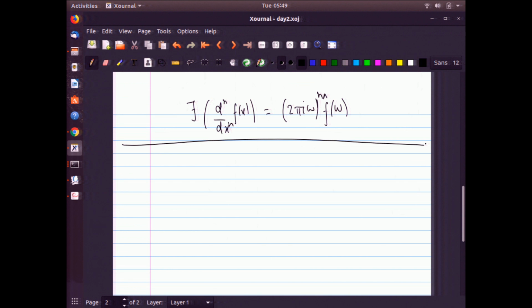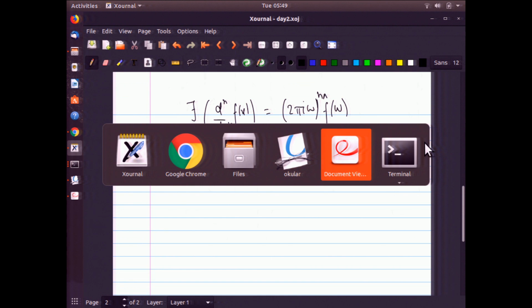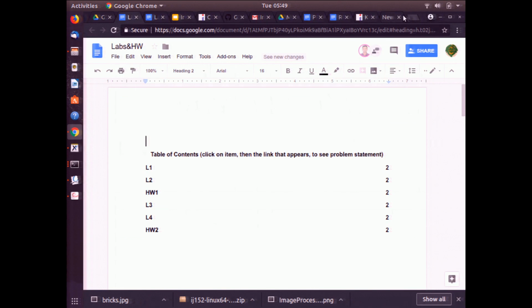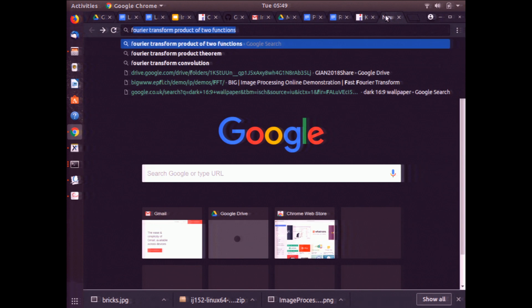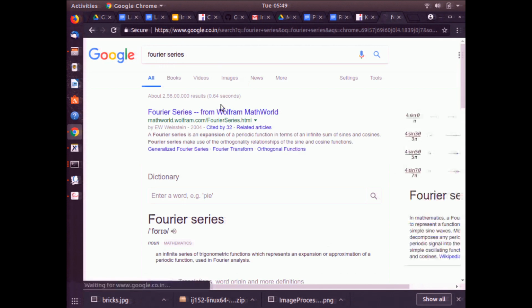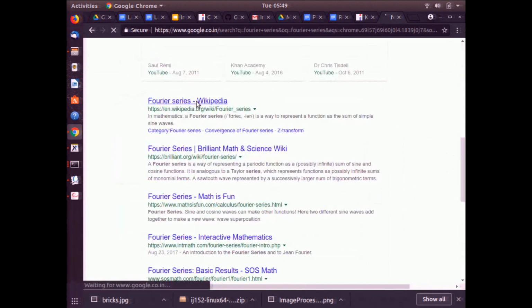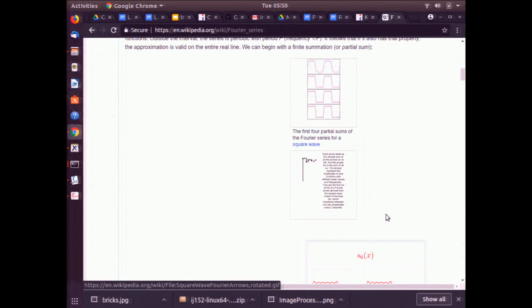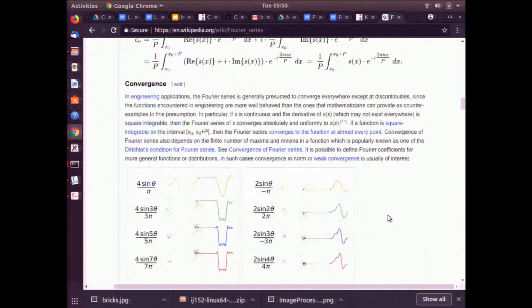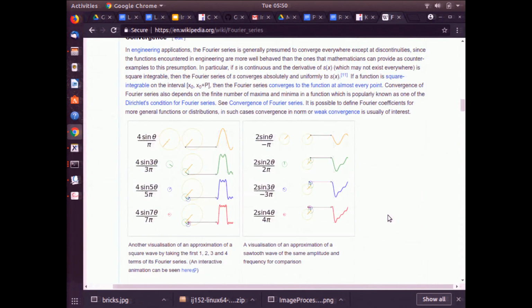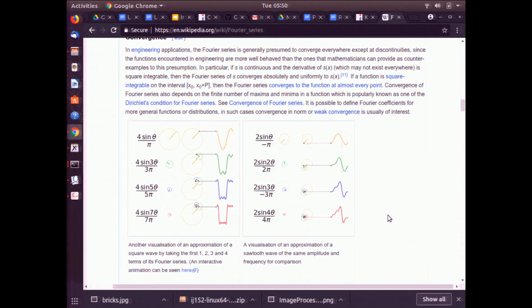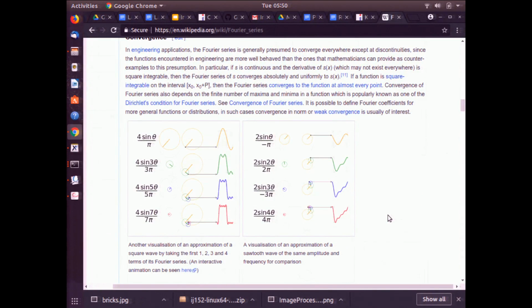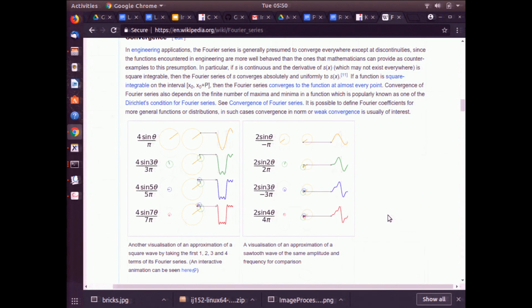Okay, so what this means is, obviously we can take any function, look at its Fourier transform, and look at the different frequencies. Wikipedia has a very nice illustration of this. If you look here, you see there's sinusoids, and they're only showing the sinusoidal terms.